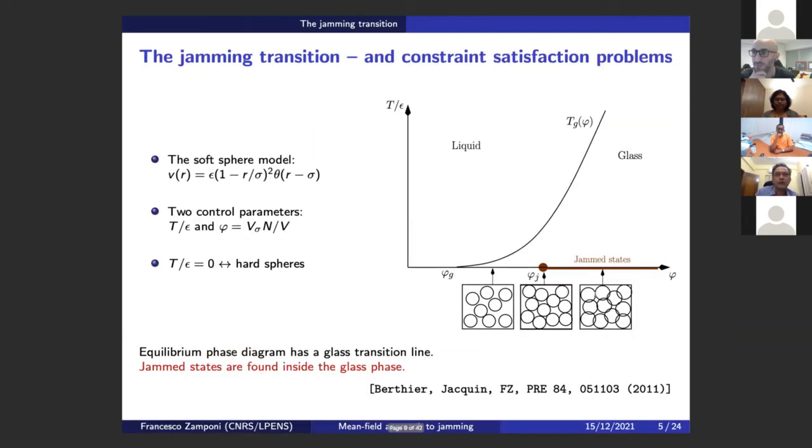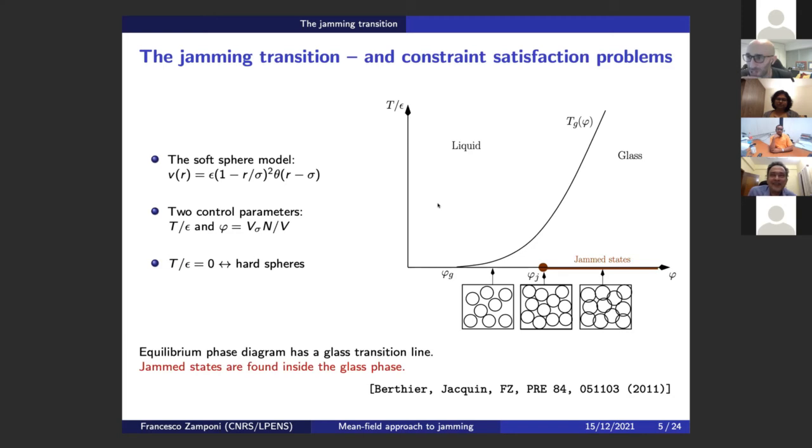If you're sitting at some density between phi_G and phi_J, you are rigid at finite temperature, but you're not at zero temperature, right? So the thermal agitation gives you the rigidity, which might be counterintuitive to many people.